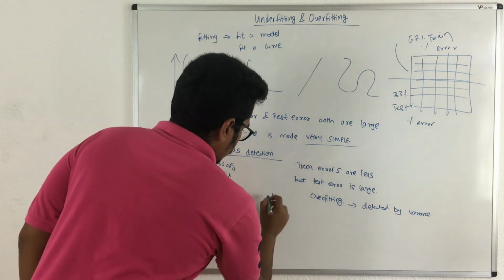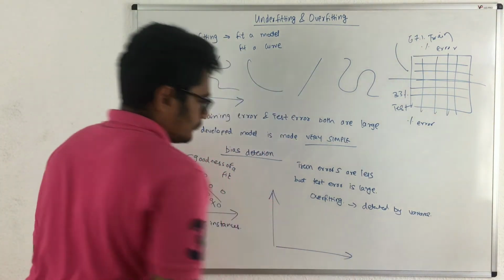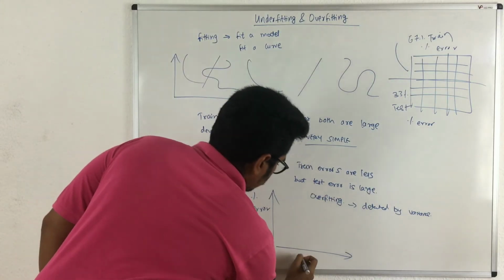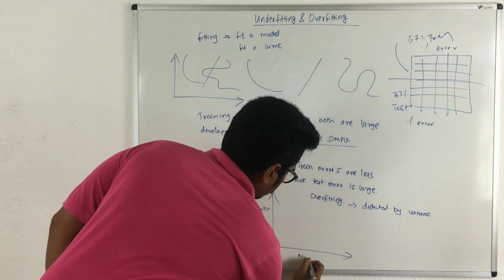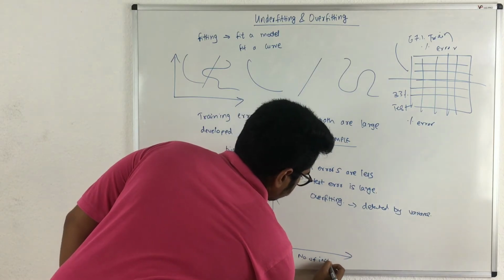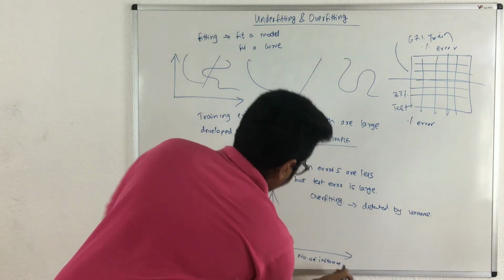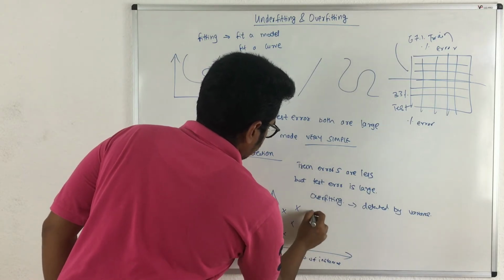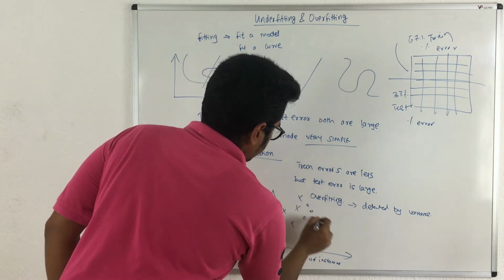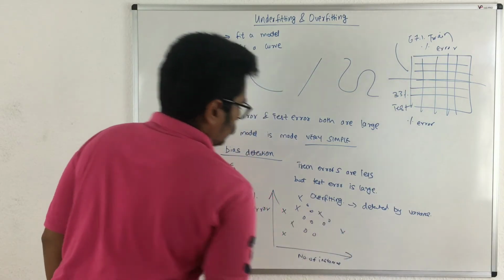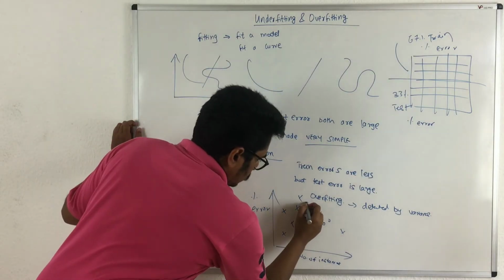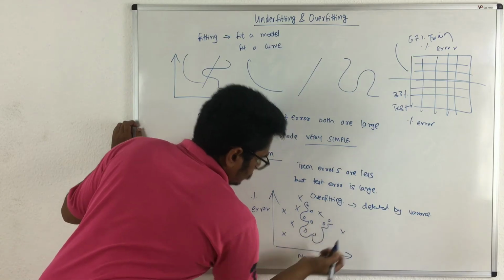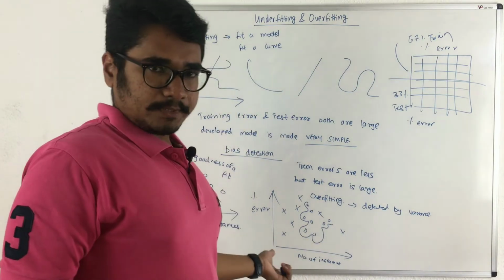Say for example you have a similar graph with percentage error on the y-axis and the number of instances on the x-axis. Say you have some instances like this, and we need to classify them properly. What overfitting does is, your curve will be something like this. This is not an accepted curve.